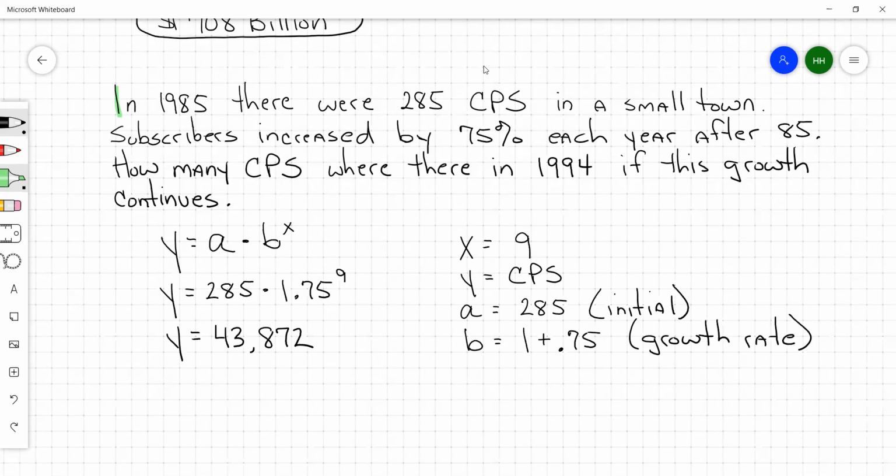Boy, if our lawn business could grow like that, I could really retire in 9 years. I don't know how in the world we would cut 43,000 yards a year. Because when you have 43,000 yards to cut, you don't cut 43,000 a year, do you? You cut 43,000 every week. We have 300 right now.